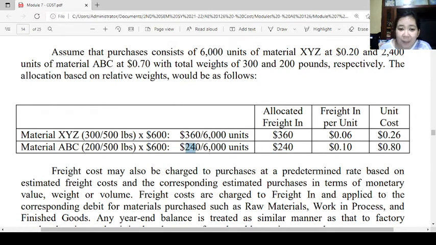So this is 240 allocated freight in divided by, this is not 6,000, I mean, this is 2,400. So 240 divided by 2,400 units of ABC materials. So the freight in per unit is 0.10. So 0.10 plus the unit cost of 0.70. So the unit cost now for materials ABC is 0.80.